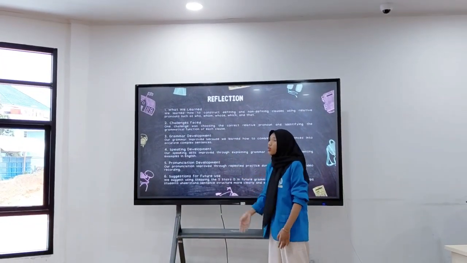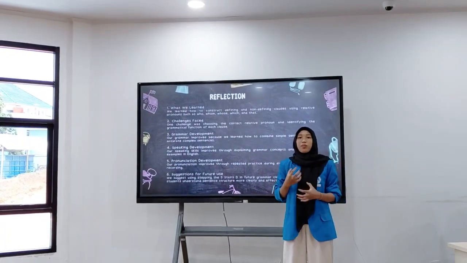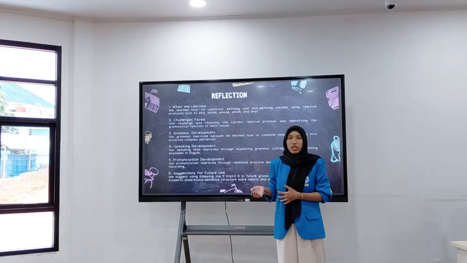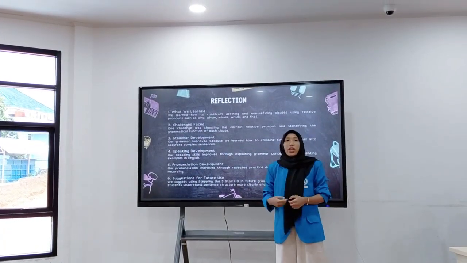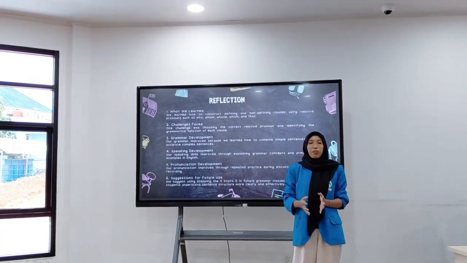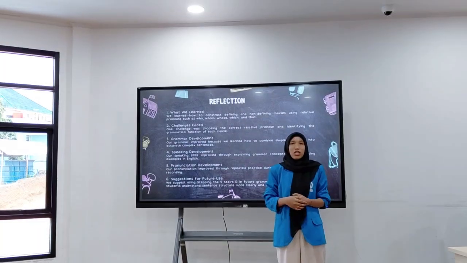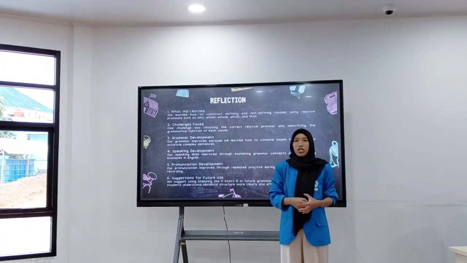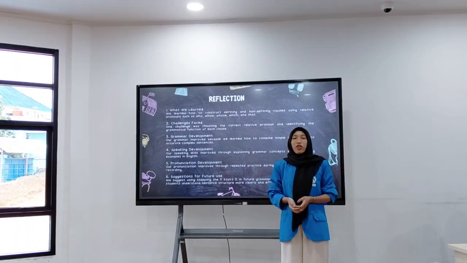Fourth and fifth, our speaking and pronunciation improved through discussion and video recording. Lastly, we suggest using Stepping the 5-Star D in future grammar classes because it is very effective. Thank you for your attention.